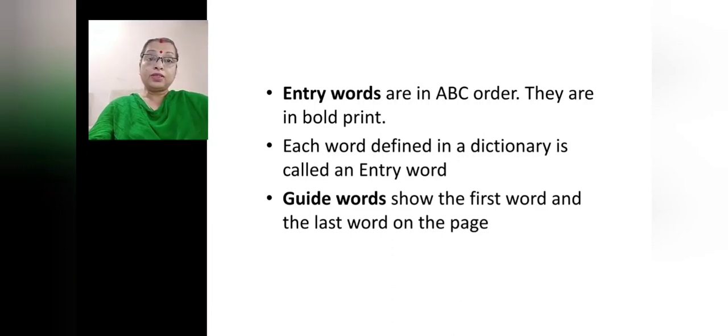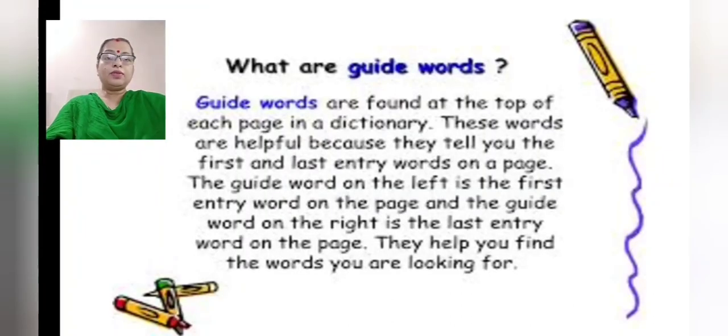Now guide words. Guide words show the first word and the last word on the page. So what are guide words, children? Guide words are found at the top of each page in a dictionary. These words are helpful because they tell you the first and last entry words on a page.